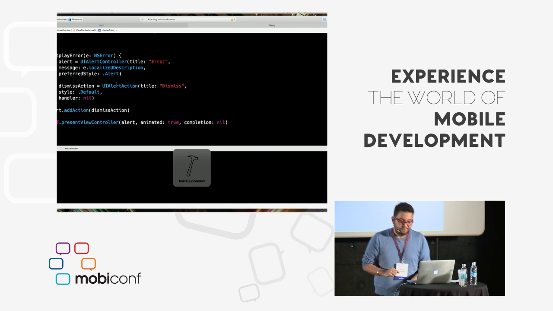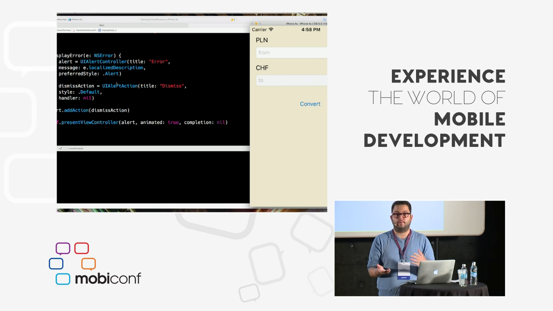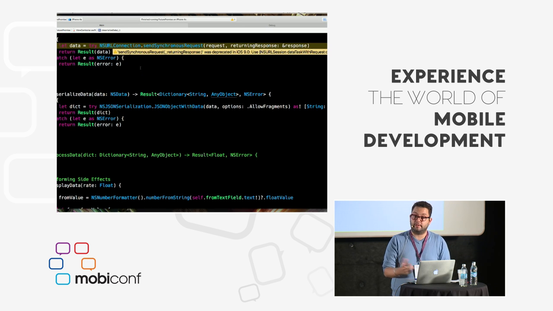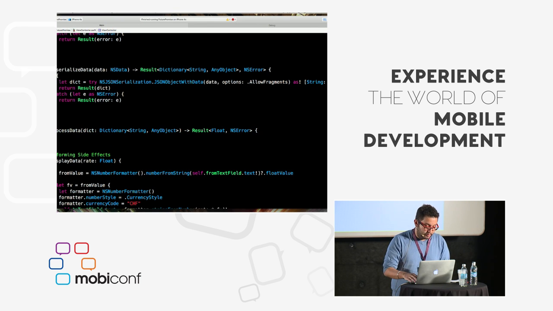In this case, it should be safer because I will have to check if it's an array or a dictionary for sure. But for this example, I'm going to skip that and just assume that it's always a dictionary coming from my JSON. And then what else do I have to do?